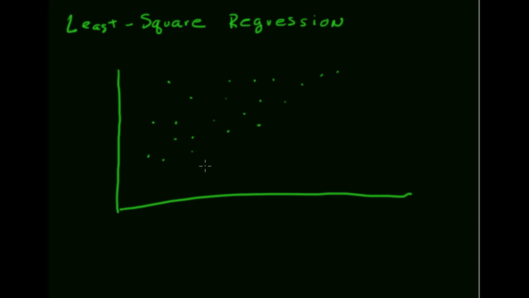So I got a bunch of data points there, right? And what I want to find is a line. Okay, so some line.